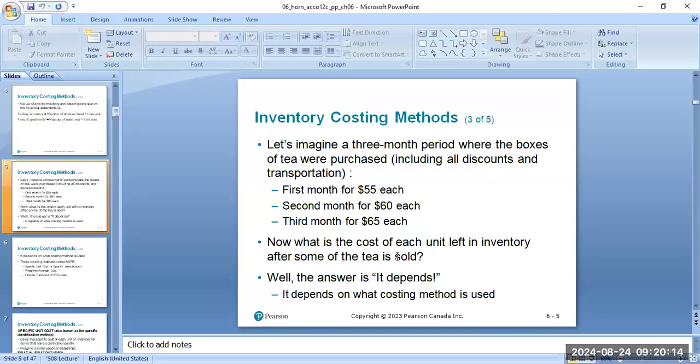Now, what's the cost of each unit left in the inventory after some teas are sold? Since we only have the cost, we need to know how many units were purchased, and we also need to find out which cost method we are using.